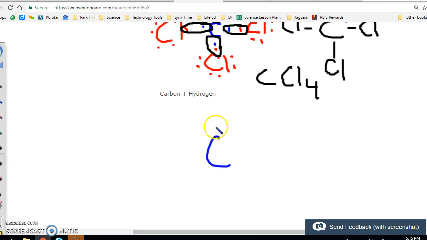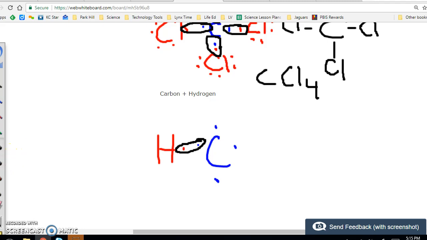Carbon, family 14, so it has 4. Hydrogen has 1. So the hydrogen atom wants 2, the carbon wants 8. So hydrogen shares 1 with the carbon, carbon shares 1 with the hydrogen. So the hydrogen's happy, it has 2, carbon has 5, it's not happy, it wants to get 8.